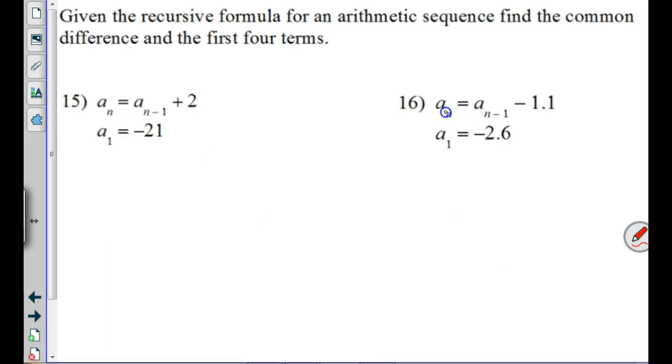Questions? Okay. Let's pick one of these. Which one do you want to do? 16. It says, given the recursive formula, okay, what does this mean in words? Because this is how you have to write a recursive formula. Nice. First term is negative 2.6.